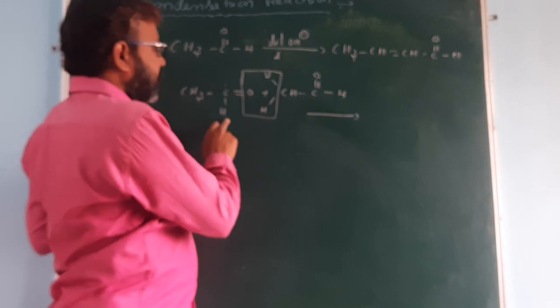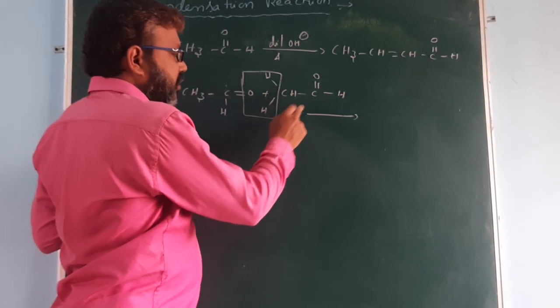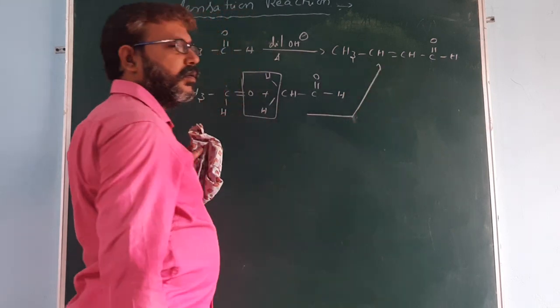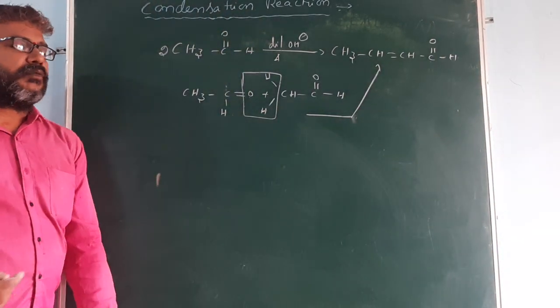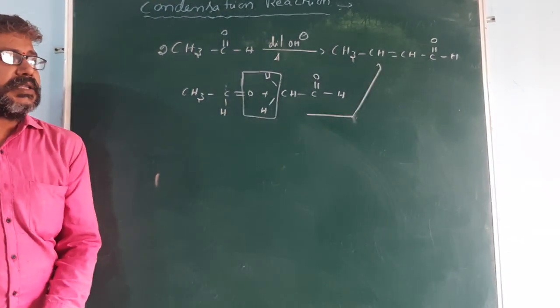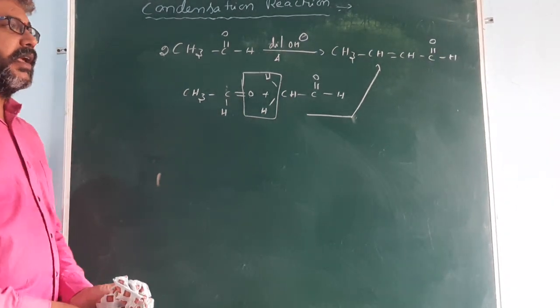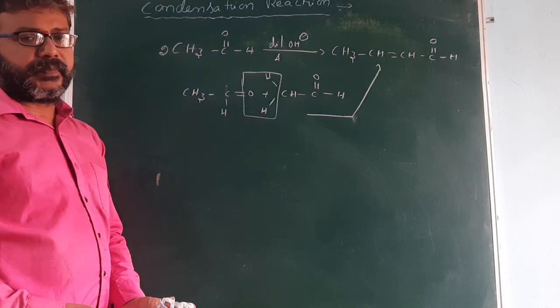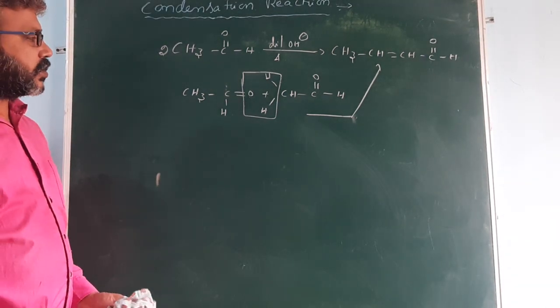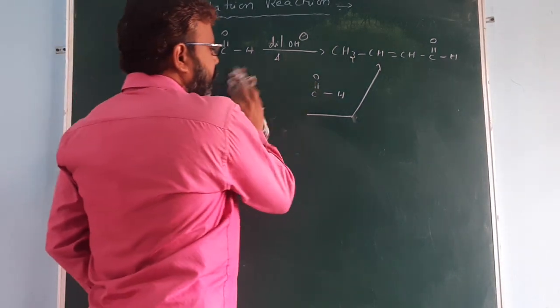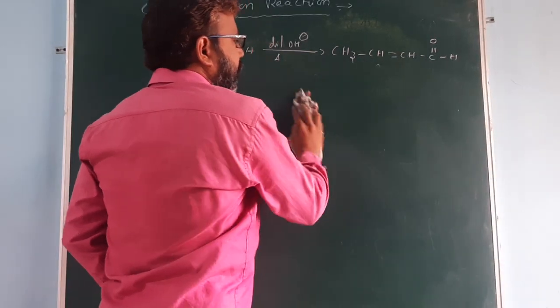You get CH3CH double bond CH, C double bond OH, you get this product. Okay, so removal of water molecule. Already you know condensation reaction means loss of a small molecular weight substance like H2O or NH3 to give the condensation product. Now I give some examples of which product is obtained.